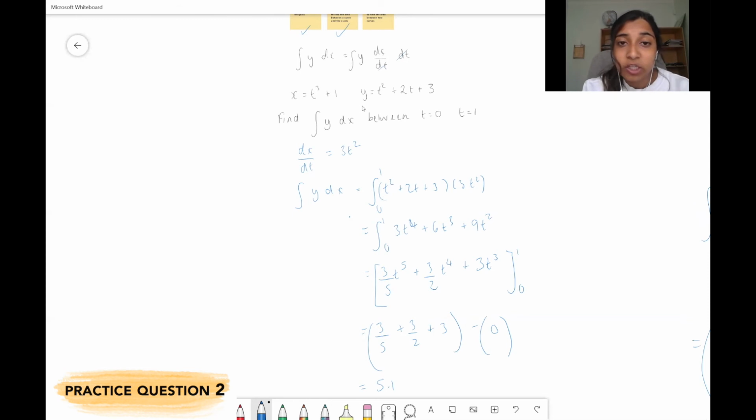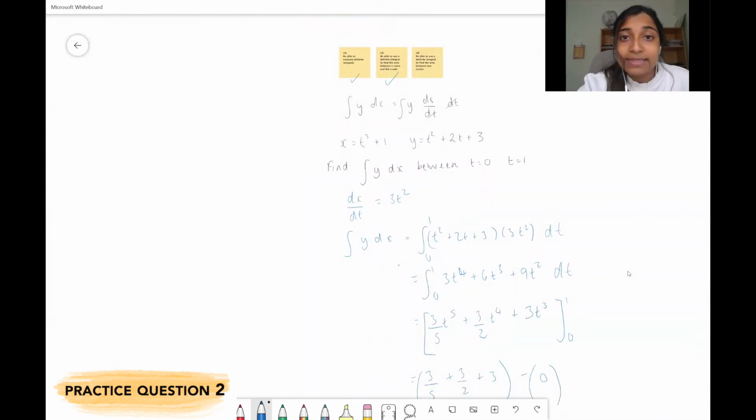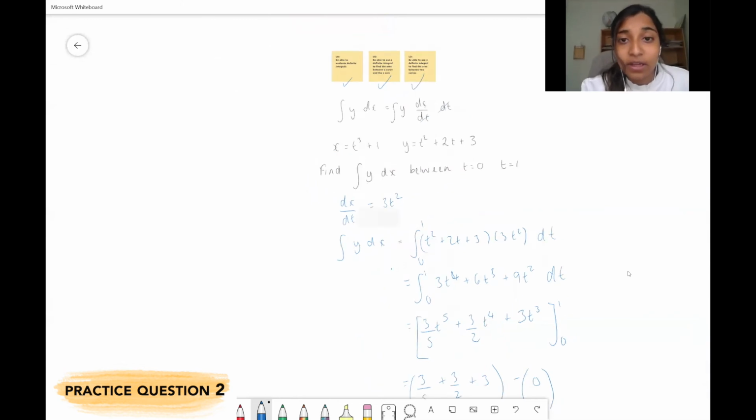That's because you have your y in the form of t, so in order to integrate this, you have to integrate with respect to dt. That's why we found what dx over dt is. So we did y times dx over dt, and then integrated that with respect to dt. Then you just plug in your values of t and integrate normally to get your answer. So that's everything we needed to cover.